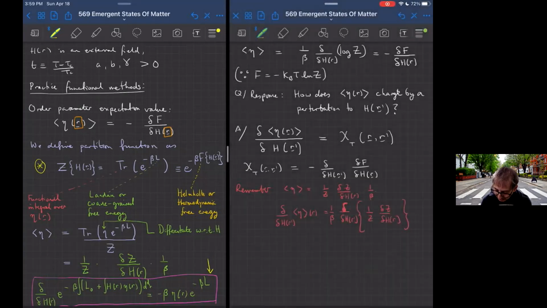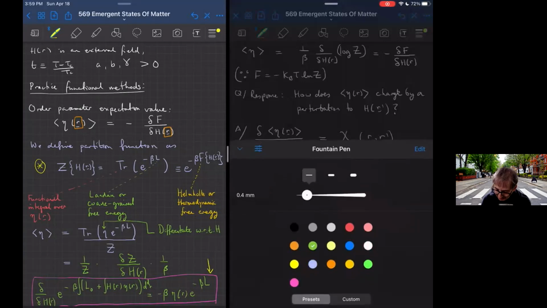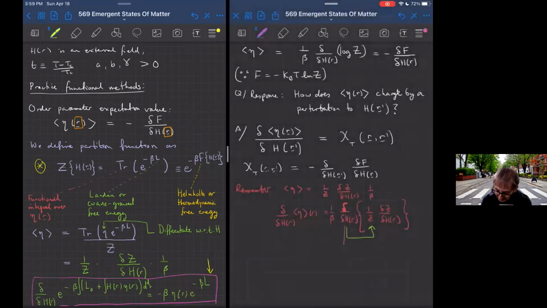There's two things inside. So the first thing that this can act on is the 1 over z that's in there, and then the second thing it can act on is the dz by dh over here. And so once I differentiate 1 over z with respect to h, I'm going to get minus 1 over z squared dz by dh.